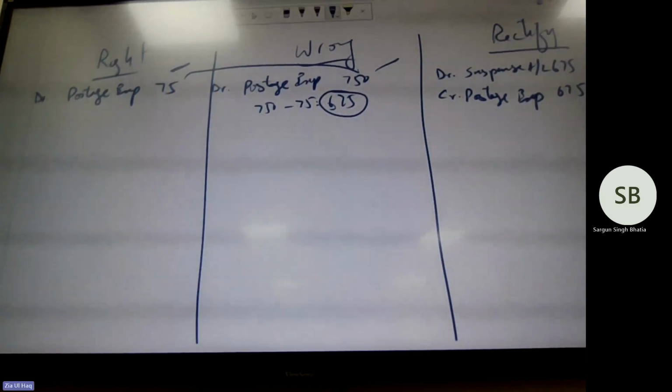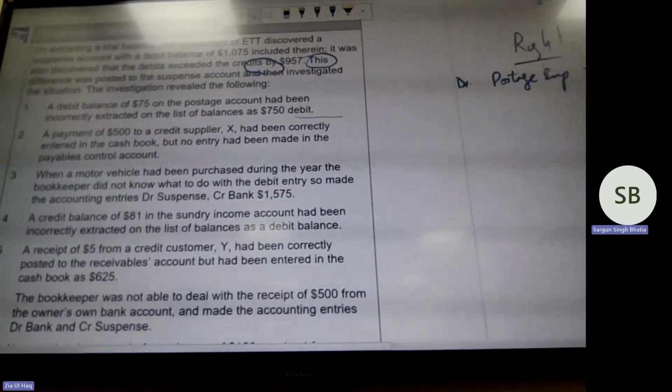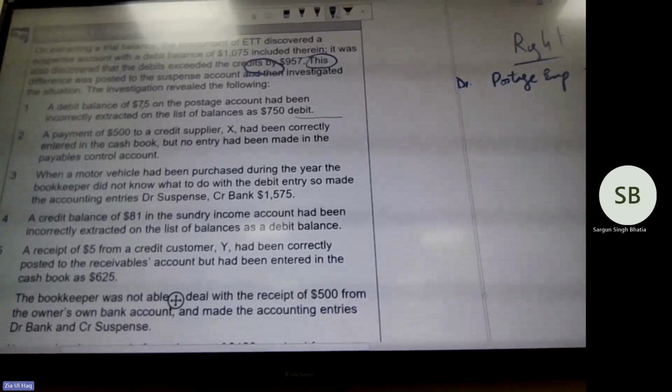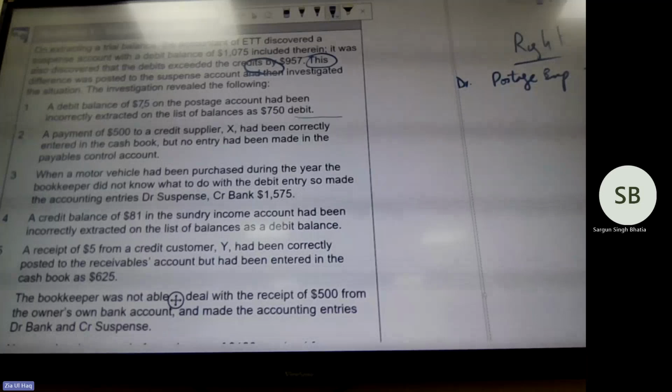Can you understand this? Suppose you paid postage expense of 75. The accounting entry should be postage expense debit, cash credit with 75. You have recorded cash correctly as 75, but you debited postage expense with 750 instead of 75.